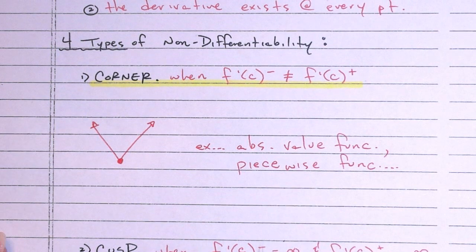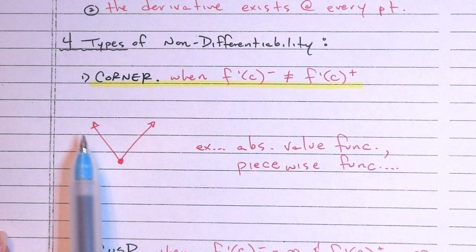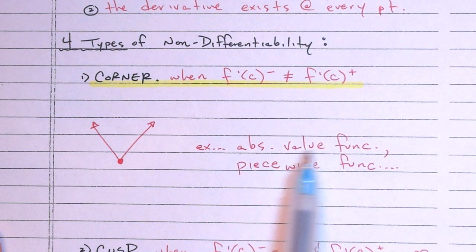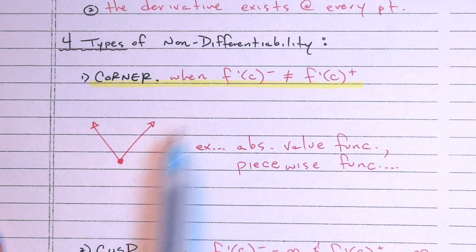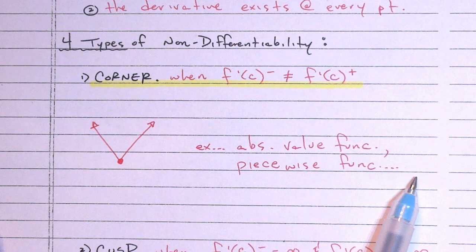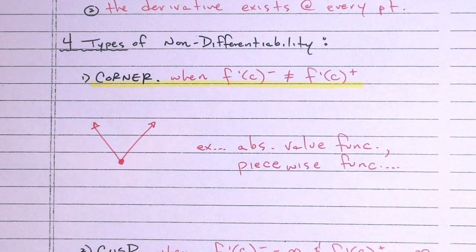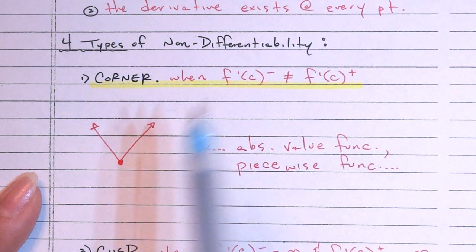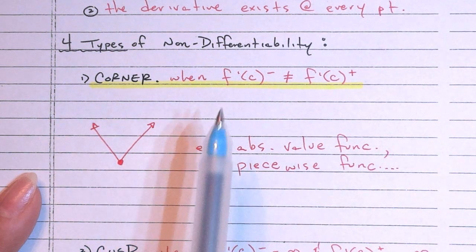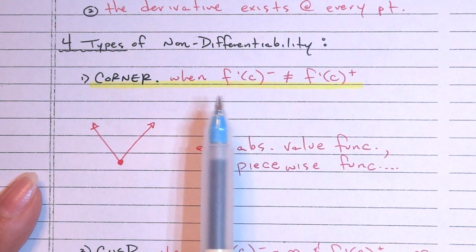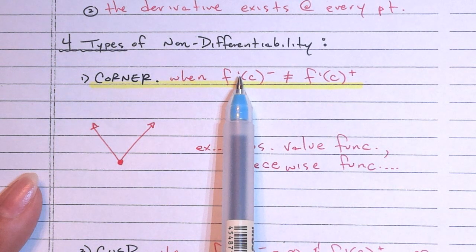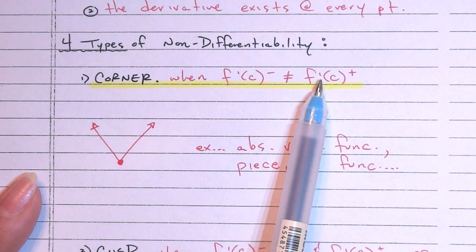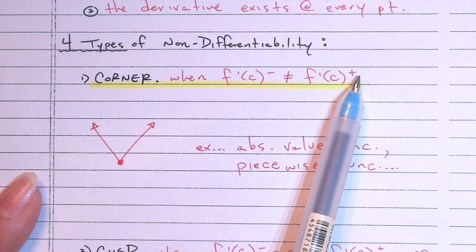Okay, there's 4. One is a corner. Obviously this looks like a corner. So for example, if you have an absolute value function, which looks like that, or a piecewise function, there's a lot of different examples you can use, but these are just some examples, okay? What makes it a corner, literally, is when the slope on the left side does not equal the slope on the right side.